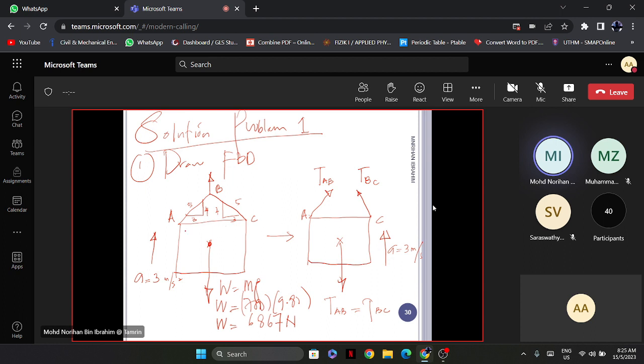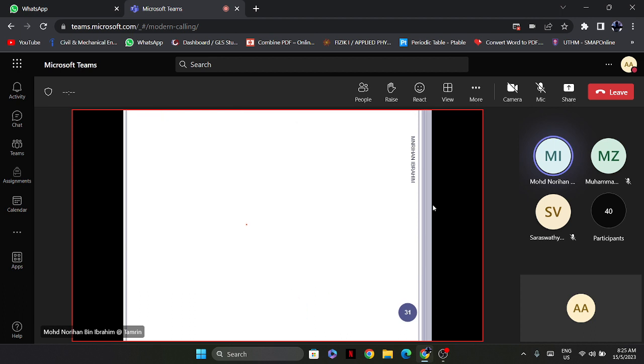Let's say for this, at point A and also point C. So TAB is equal to TBC is equal to TB. We can simply put it like this.